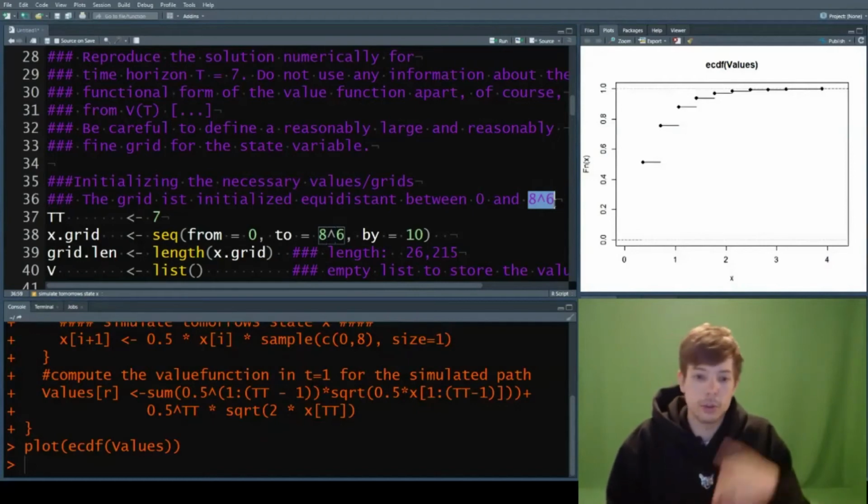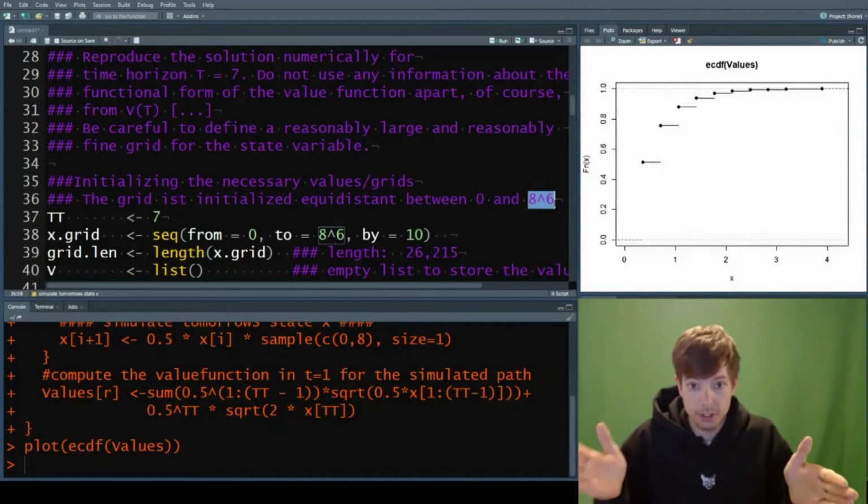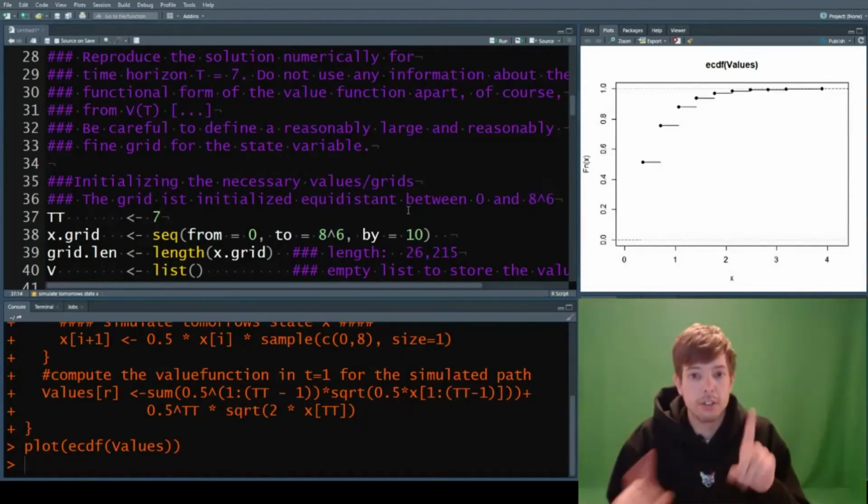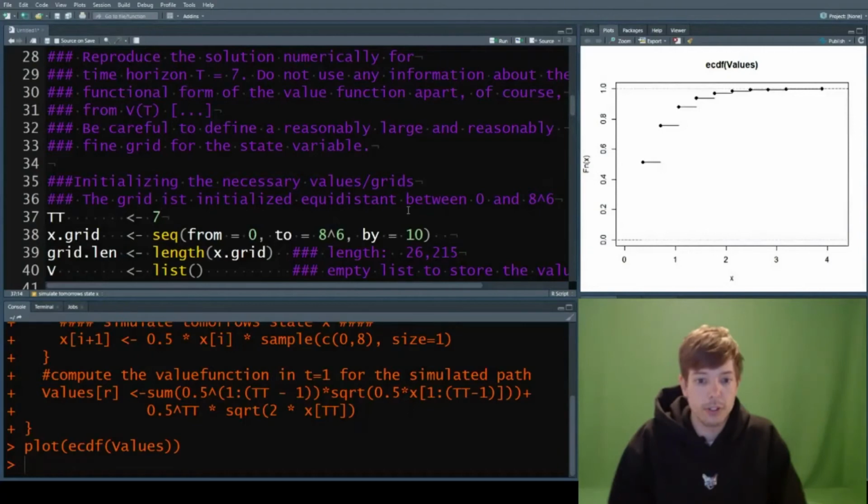So we need to define a grid from 0 to 8 to the power of 6 to cover the whole possible state space. And we start here with an equidistant grid, so the spaces between 2 grid points are the same, no matter whether we are between 0 and 5 or between 1000 and 1005 and so on. In this case, we have a grid that is equidistant with a distance of 10 between grid points.